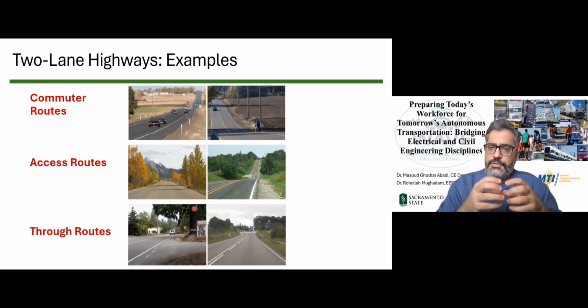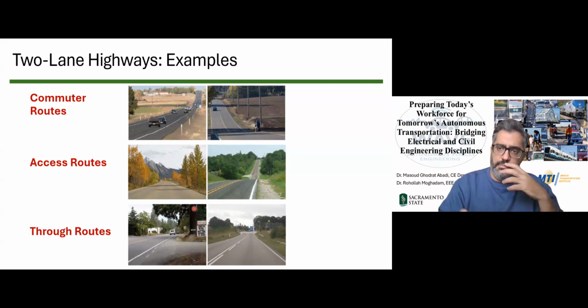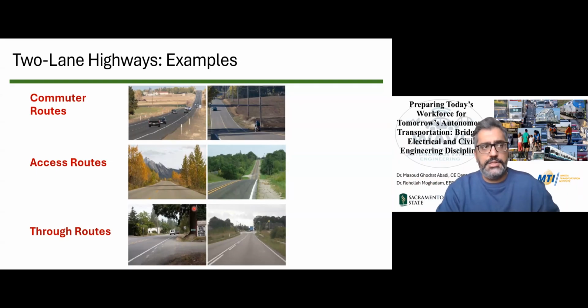Then if from this commuter route we want to connect to another land use, like a recreational park, a state park, or a residential area, the route that will connect to those locations, we call it an access route. And we also have through routes, which are part of those commuter routes, but when we are going through residential zones. And this is where we will actually apply those traffic lights and traffic signs.